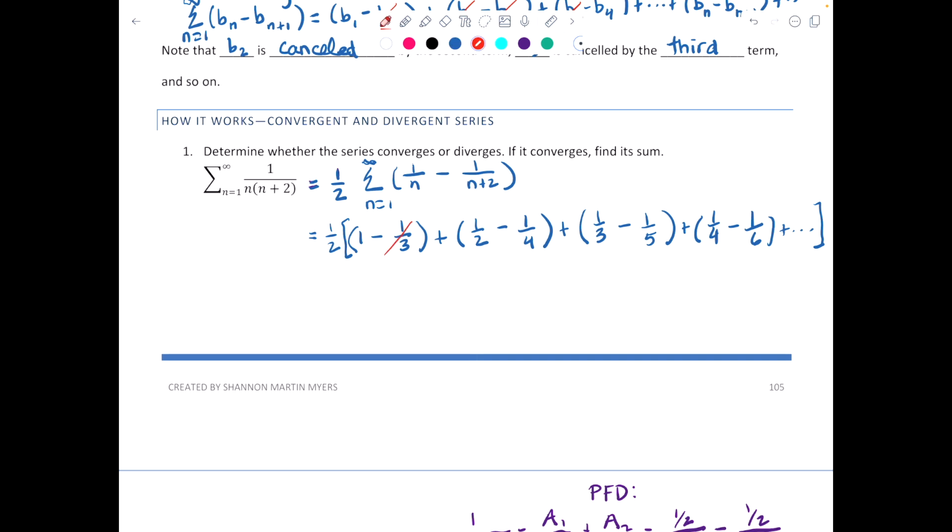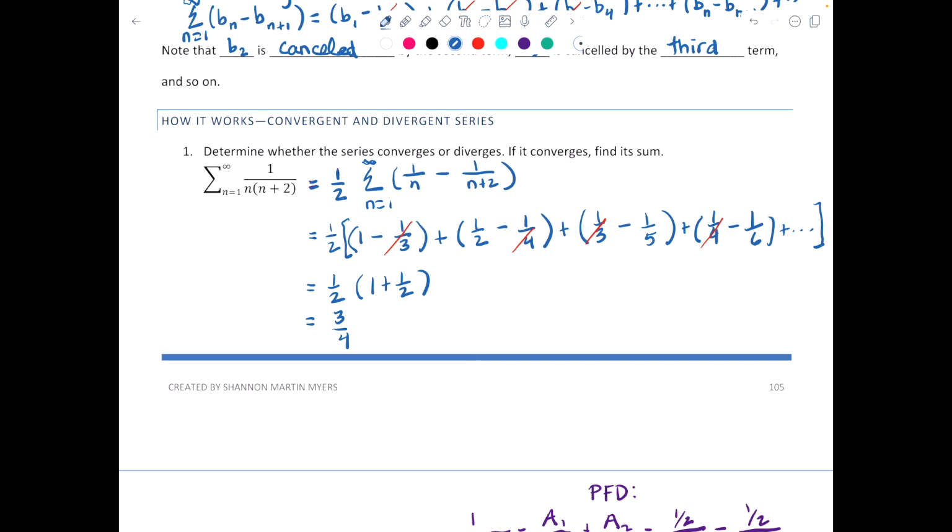The 1/3 zeroes out. The 1/4 zeroes out. The 5th, the 6th, they're all going to zero out. And so at the end of the day, we will get 1/2 times 1 plus 1/2. Well, 1 plus 1/2 is 3/2, so we'll end up with 3/4.